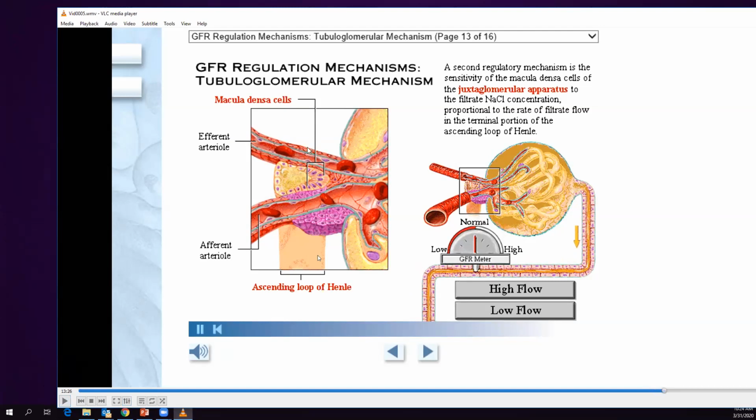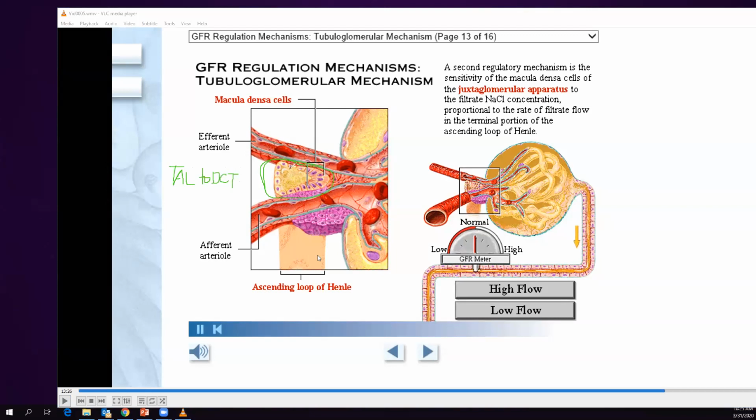All right, so right here, let me annotate this. Okay, so green. This portion is the connection, so we're going from the thick ascending limb of the loop of Henle to the distal convoluted tubule.